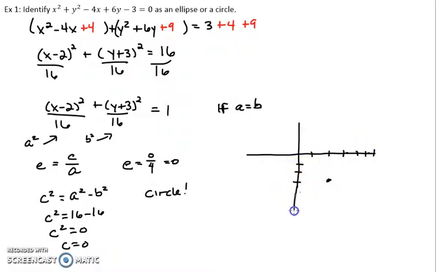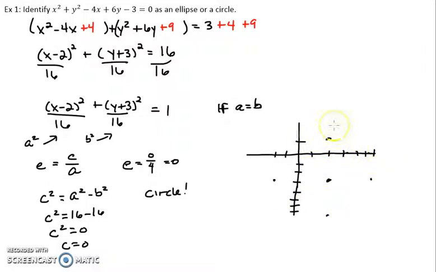And remember that the a and b are just how far we're going to go in each direction in order to make my ellipse. So a is going to be 4, b is going to be 4. So I need to go 4 up and down, 4 left and right. So we're going to go 4 that direction, 4 that direction, 4 up, and 4 down.